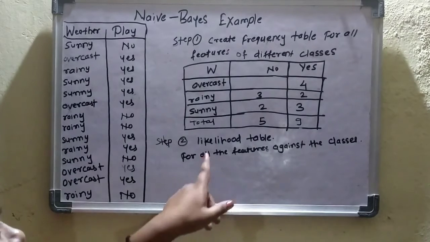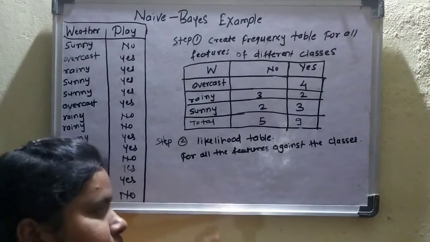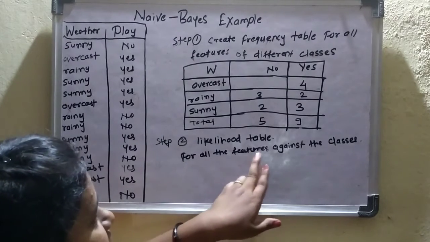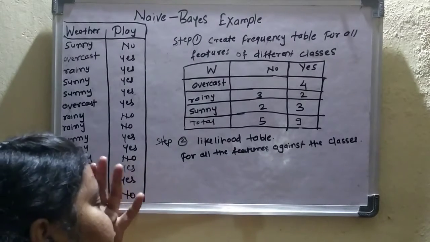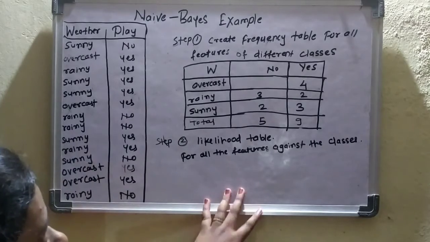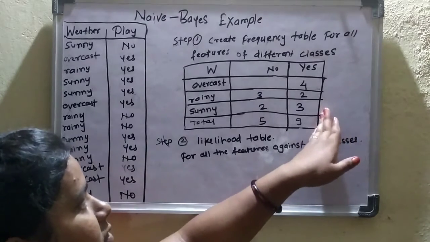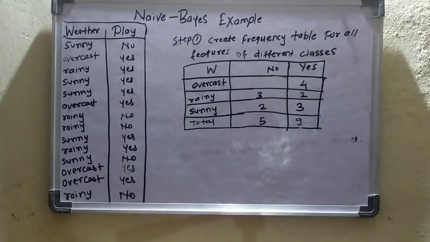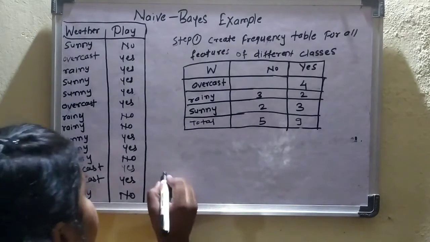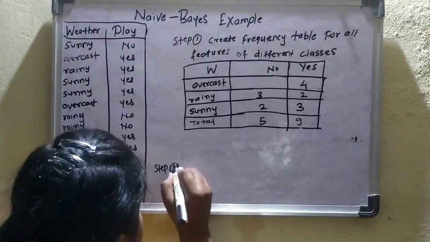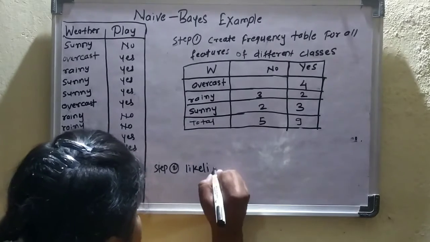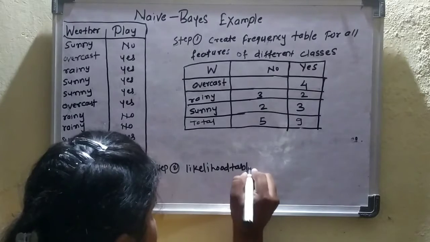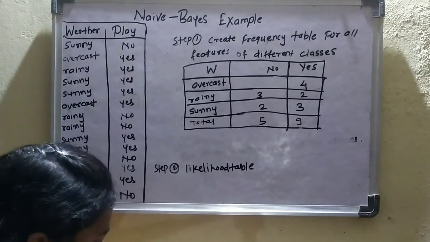Now step 2 is we have to create the likelihood table. The likelihood table is for all the features against the classes. Now I don't have the space here, so I will modify the frequency table into the likelihood table.